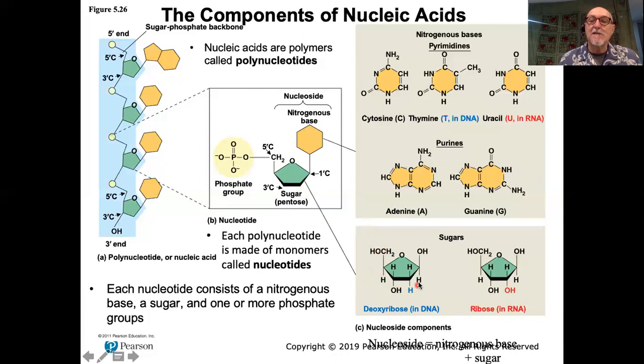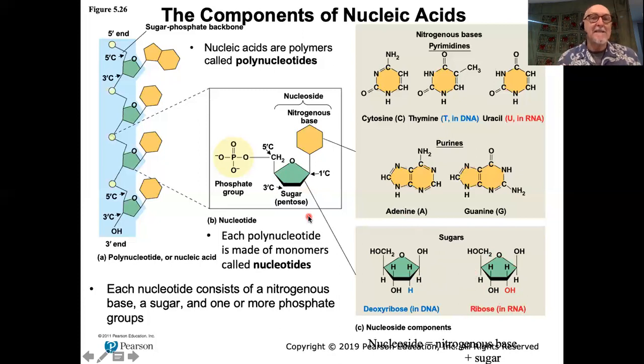That is deoxyribose sugar. So that should immediately spark something in your brain, because we have 2 kinds of nucleic acid. The first kind is ribonucleic acid, and it gets its name from the fact that it utilizes ribose, not deoxyribose.